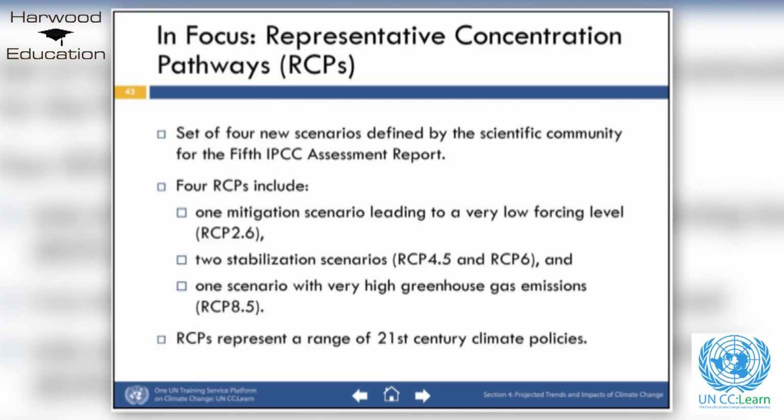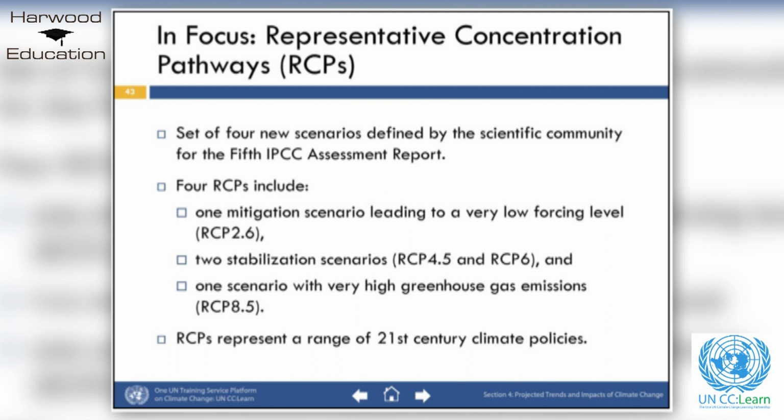In focus: representative concentration pathways, RCPs. For the fifth assessment report of the IPCC, the scientific community has defined a set of 4 new scenarios, denoted representative concentration pathways, RCPs.